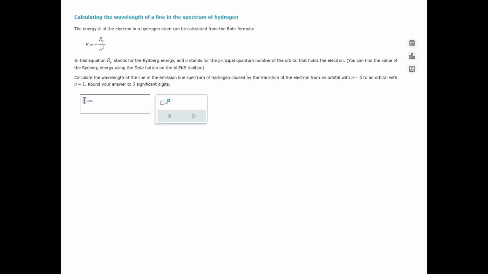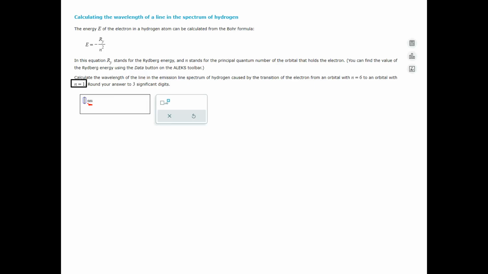It says calculate the wavelength of the line in the emission spectrum of hydrogen caused by the transition of the electron from an orbit with n equals 6 to an orbit with n equals 1. Round your answer to 3 significant figures, and they want it in nanometers. So we're moving from n equals 6 to n equals 1, so n equals 1 is where we end up.